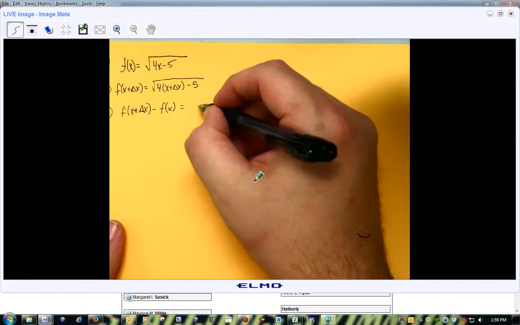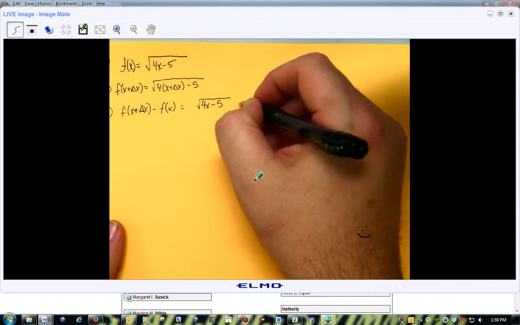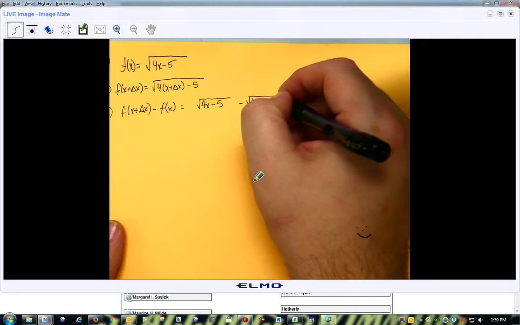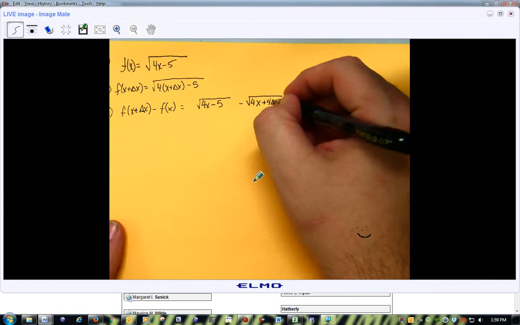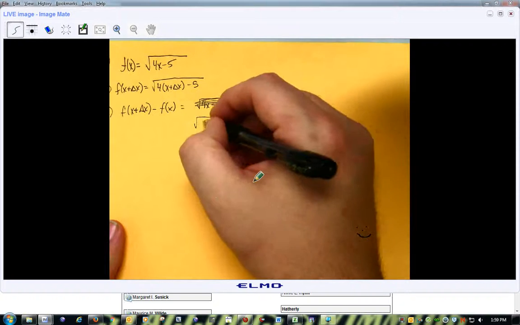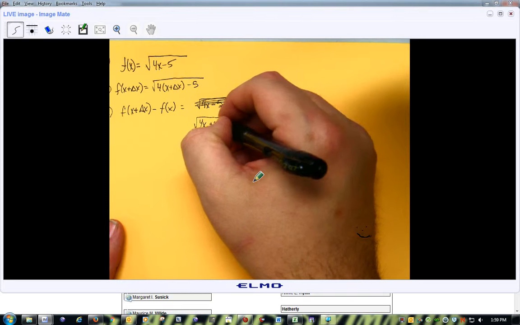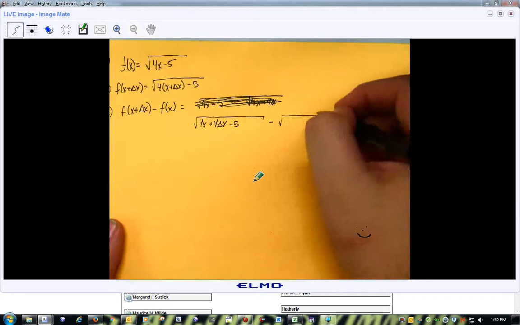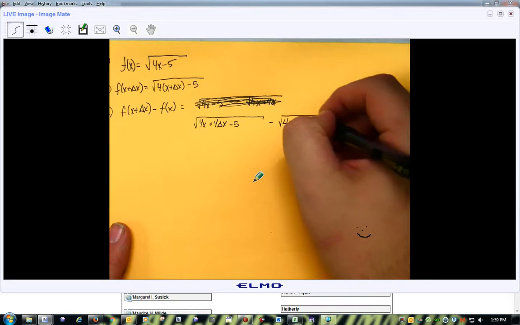be the square root of 4x minus 5 minus the square root of 4x plus 4 delta x minus 5, minus the square root of 4x minus 5.